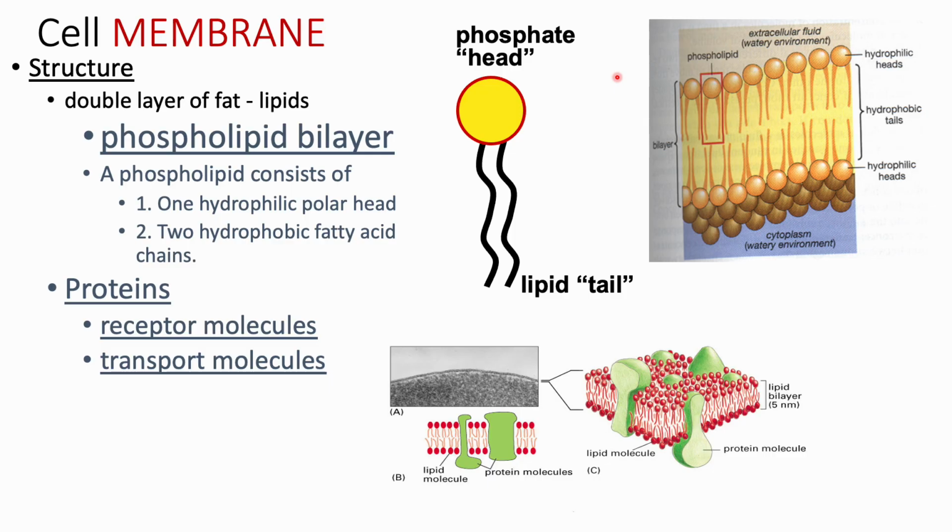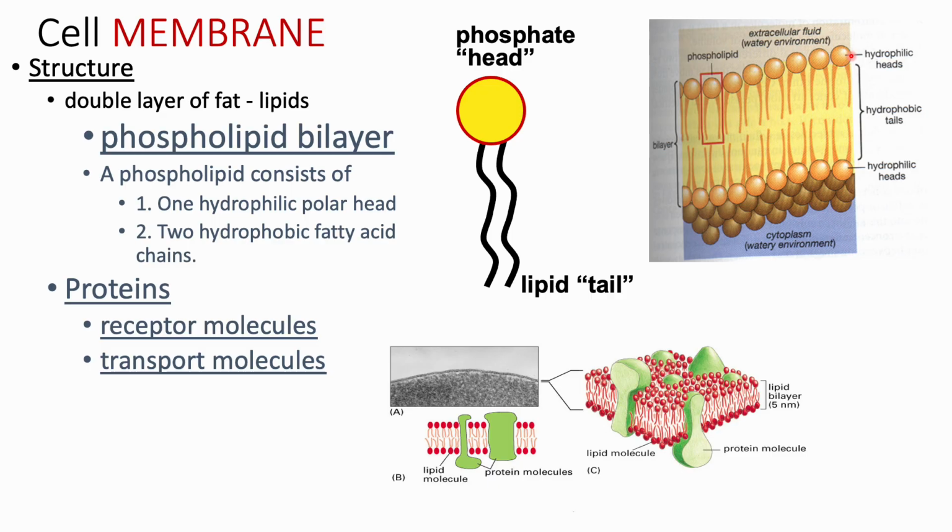When you look at the cell membrane, here's the diagram. We said it's a bilayer. Here are the heads and their tails. This is one layer. And then the second layer, here's the heads and then their tails. The tails are pointing towards each other. Remember, the tails are hydrophobic. They do not like water, so we don't find water inside here.